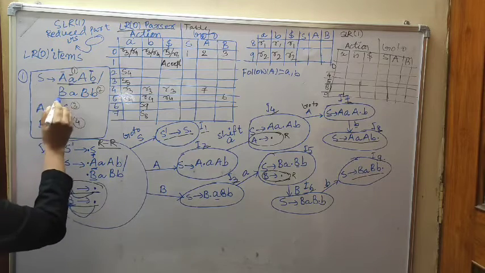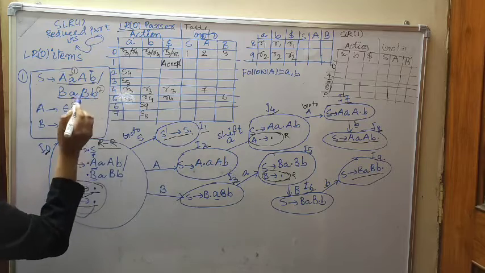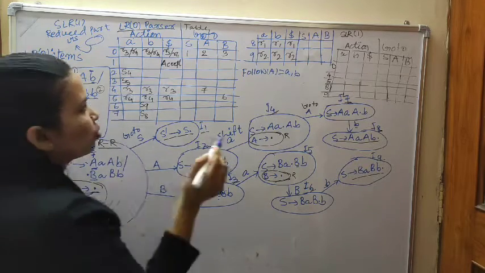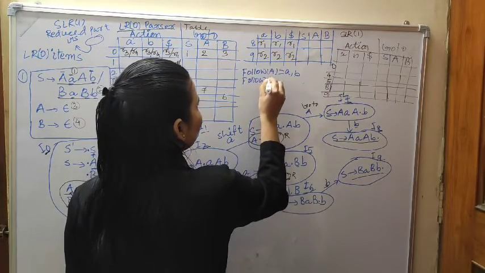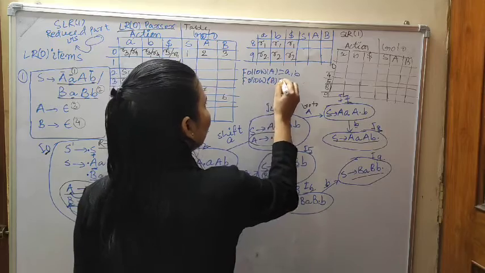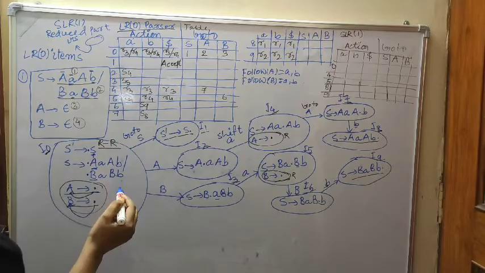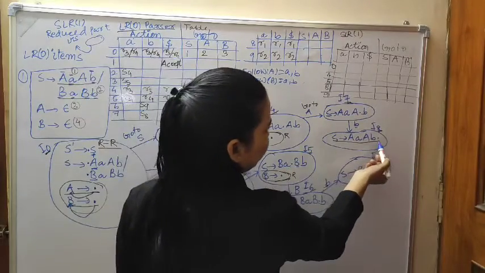So what is B? Here B is followed by A and B, and this B is followed by B, and this B is followed by A. So write down Follow(B) equals A comma B. And if there are any other production rules, final items, yes, here.